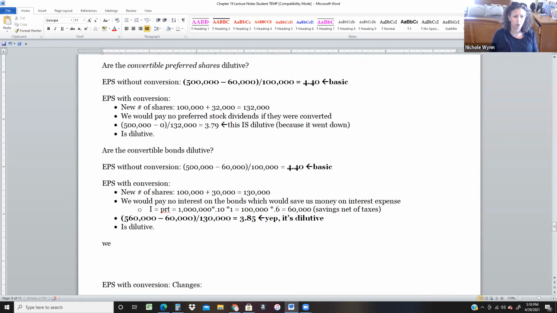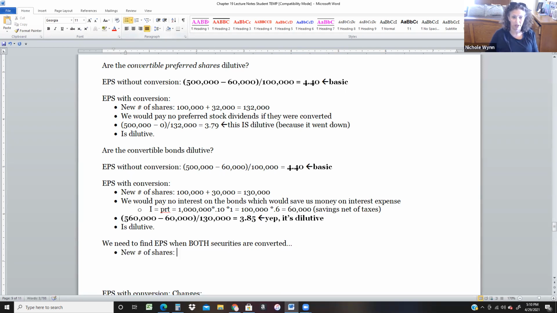So we need to find EPS when both securities are converted. Let's go through each item. New number of shares: it was the original 100 and the 32 and the 30. So now our new number of shares downstairs is 162.